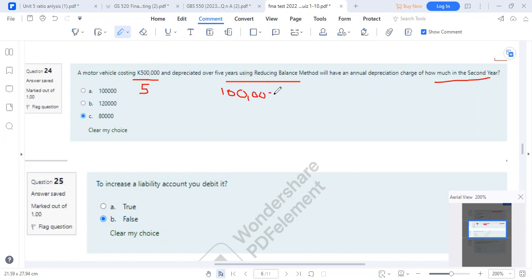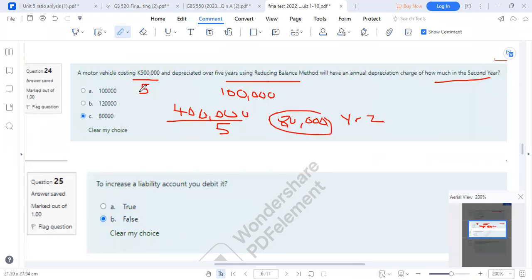You subtract it from 500,000, you're going to have what? 400,000. You divide it by 5 again. The depreciation is what? 80,000. So for the second year, you're going to have depreciation of 80,000.